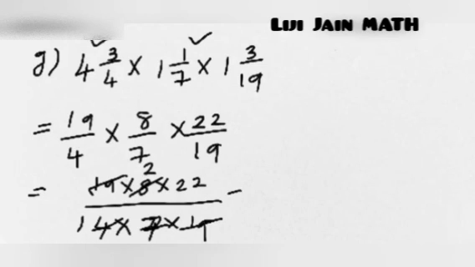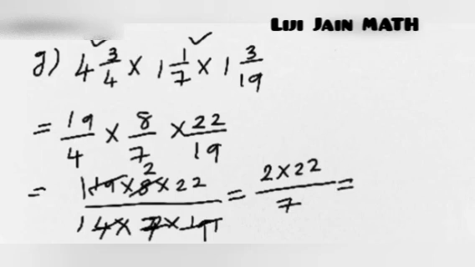No. So what remains in the numerator? Yes, 2 into 22 only is left there. And down, 1 into 7 into 1 means 7 itself. So the final answer is what? 2 into 22, yes, 44 by 7. 44 by 7 is our final answer. Okay.